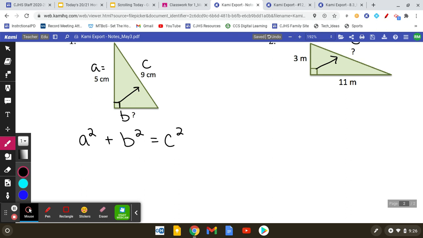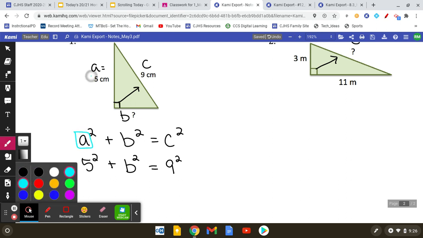So instead of A, we are now going to have 5 squared plus B squared, which we're just going to leave as B squared, equals, what's our C here? 9. Okay, so you should have this. Notice I just plugged it in. For A, it was 5, so I plugged it in here. For B, we're just going to leave it as B. And for C, it was 9, so I just plugged it in. So this is my A, B, C.